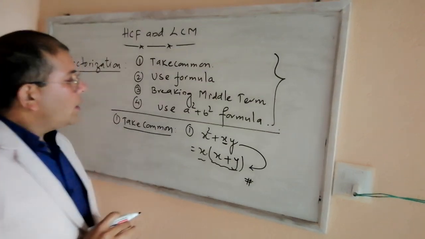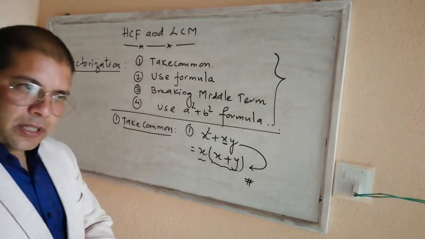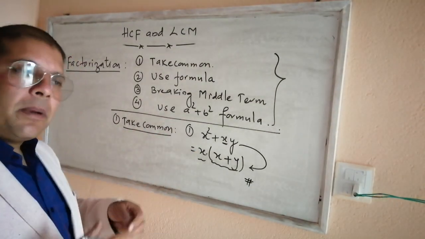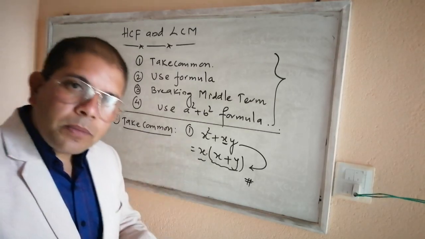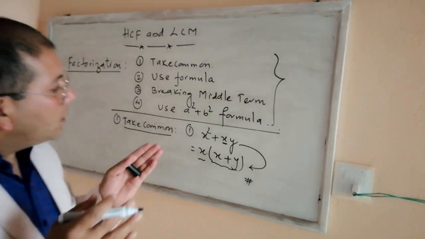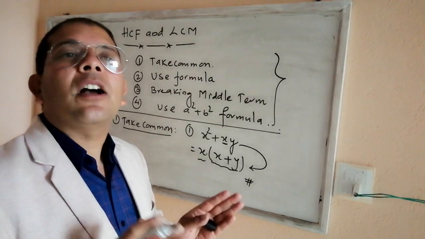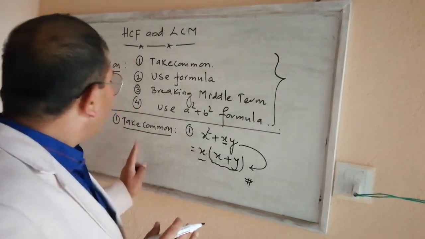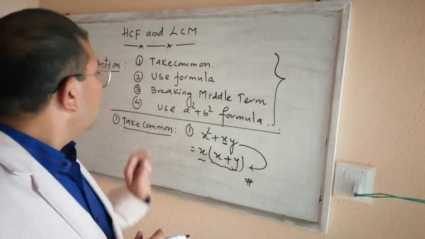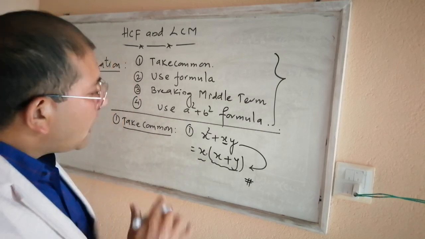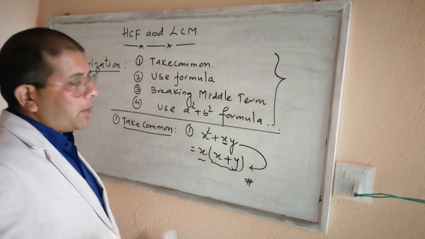So this is your take common process. Don't forget, you must have two or more terms, then you should take a common term if there is any. This is your take common method. Similarly, you can do other examples also.